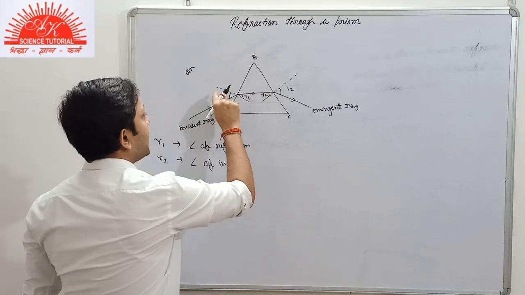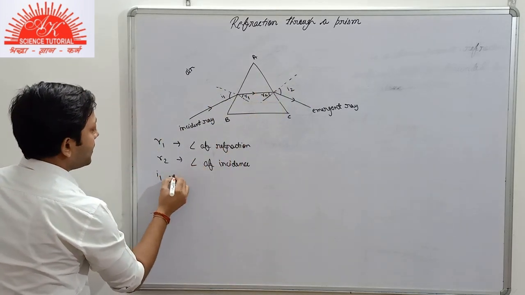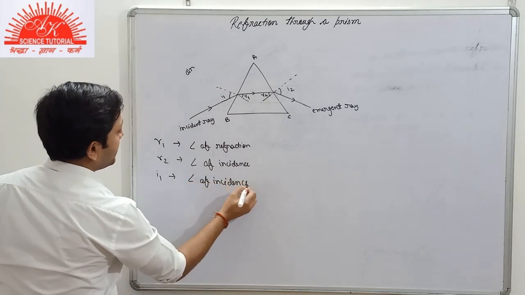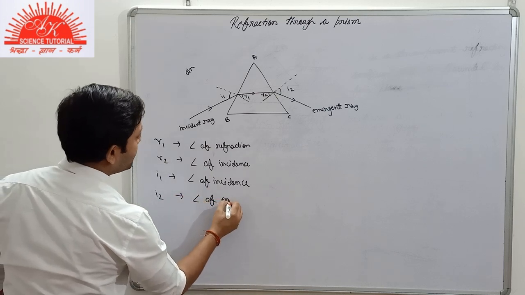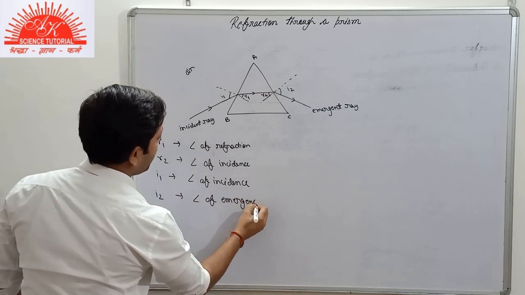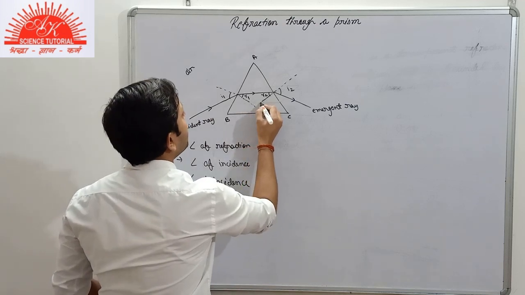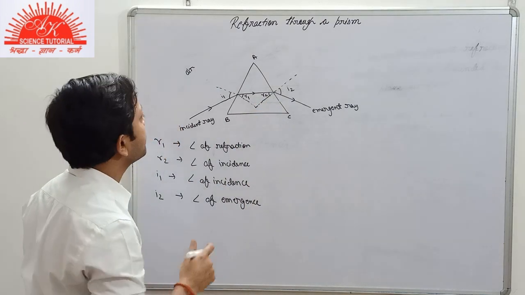So I1 is the angle of incidence and I2 is the angle of emergence. Now this was the basic information that we have to use in the derivations.